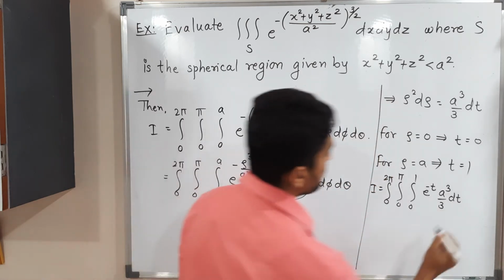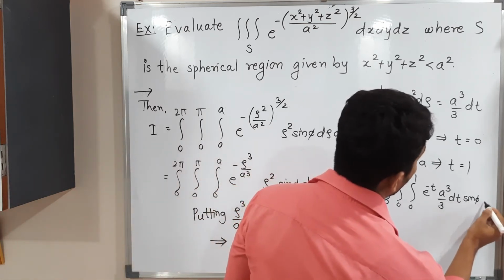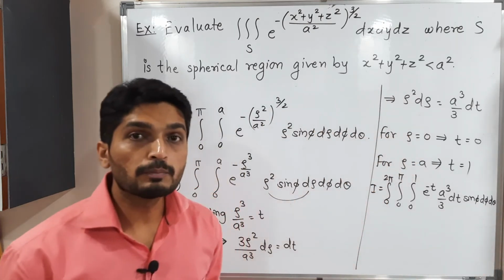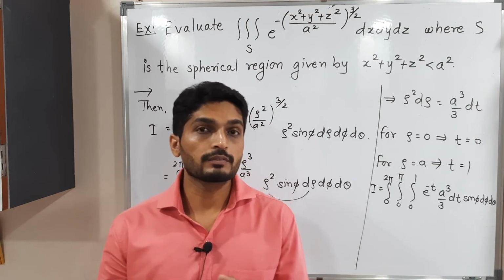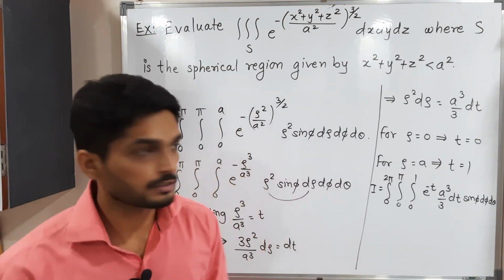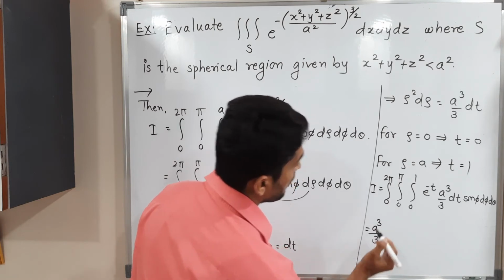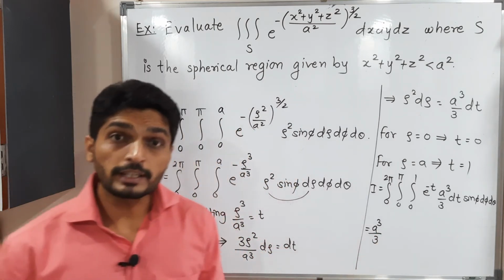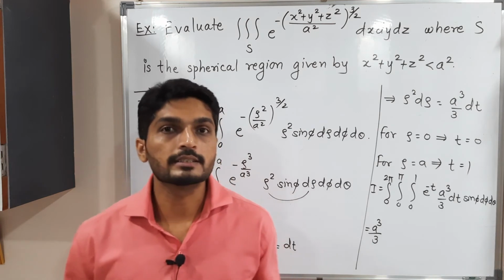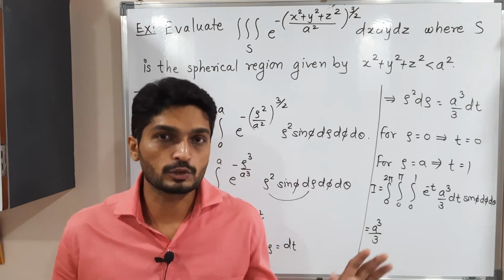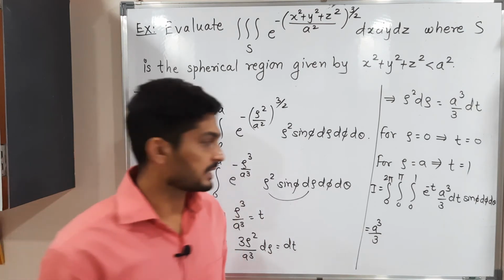Sin phi will be there, sin phi and d phi and d theta. See, a cube by 3 is a constant, and in case of integration we always take constants outside. So a cube by 3 will come outside. Fortunately, limits of all integrals are constants, and there is no addition, there is no subtraction, so that's why we can take separate integrals.